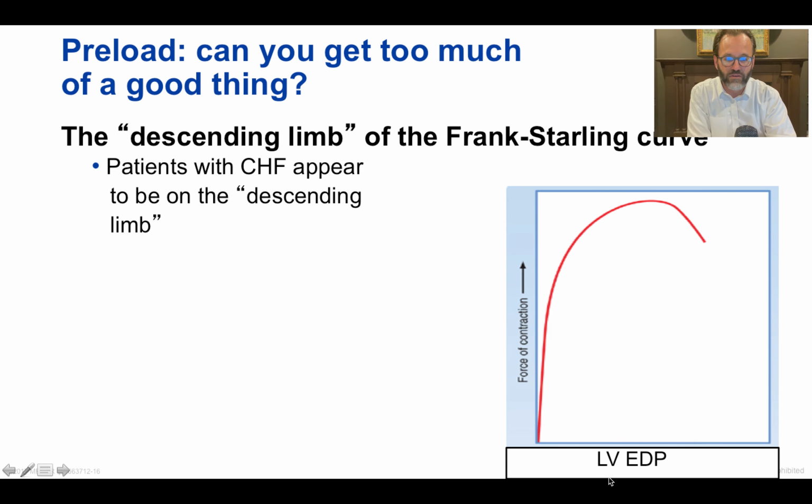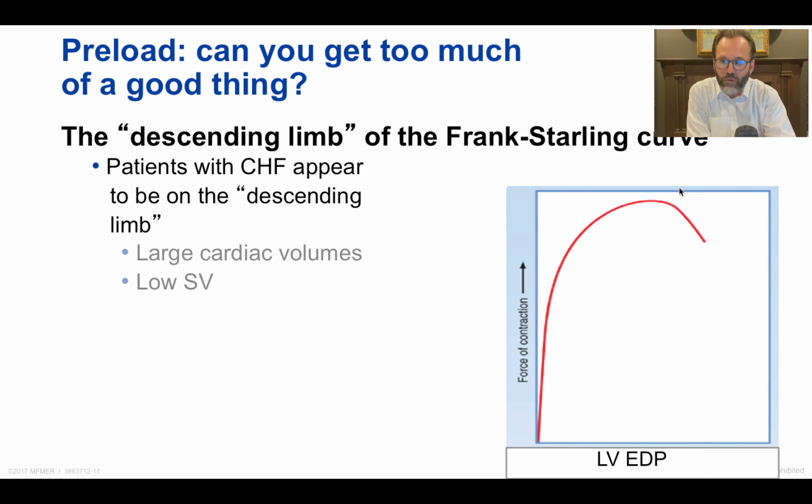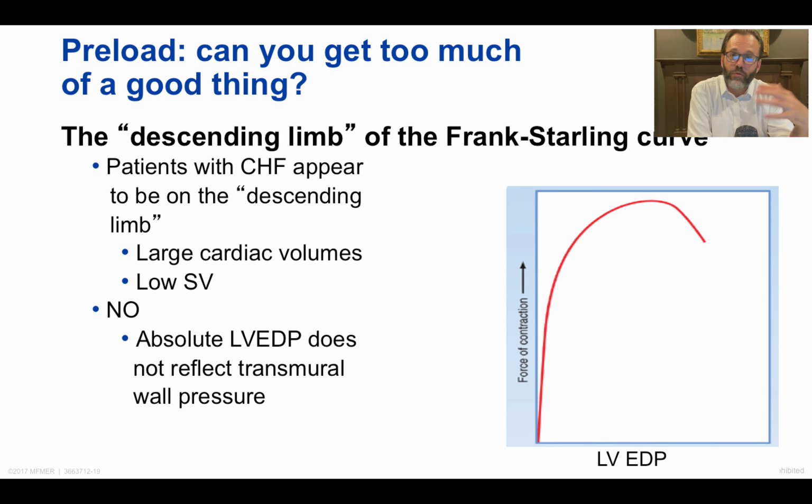You can see this depicted here with what was commonly measured in the 60s and 70s, measured very invasively using left ventricular end diastolic pressure. Patients were observed to have very high end diastolic pressures, very low stroke volumes and cardiac outputs. And so that begs the question, are they operating on this descending limb? And the reality is that they are probably not.